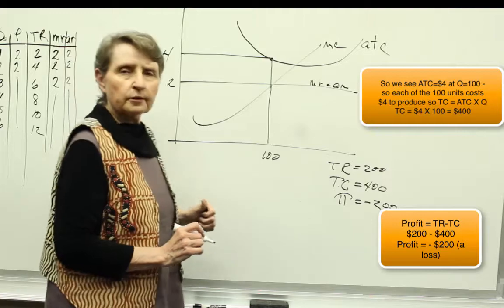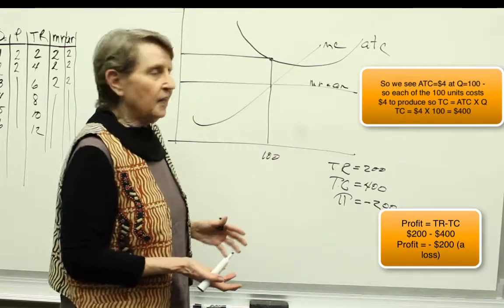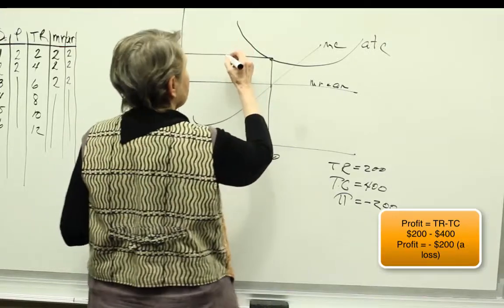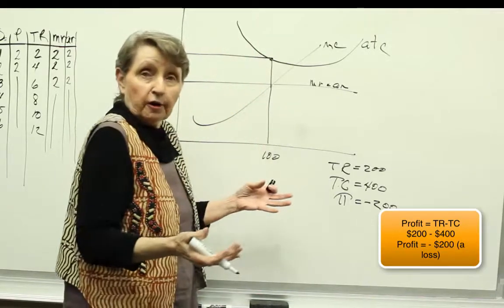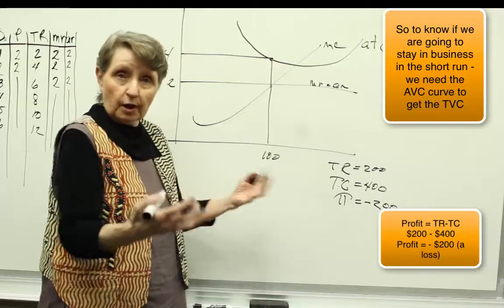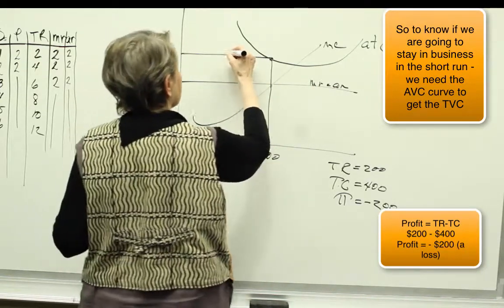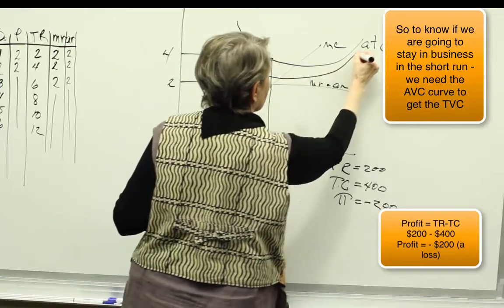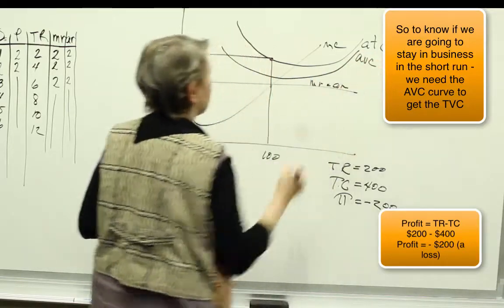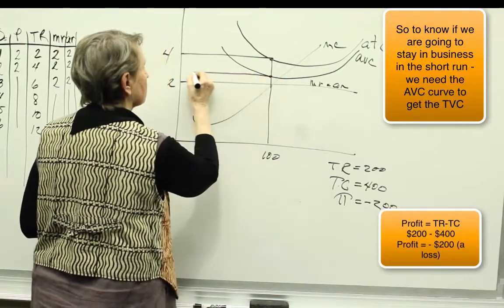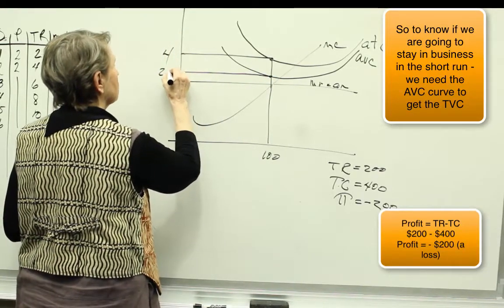So the question is, should I shut down or not? Is it going to be cheaper for me to shut down or should I stay? And the answer is, we need to see our variable cost. Does this $2 price cover our variable cost? Well, let's put an average variable cost curve in here. At 100 units, let's just say $2.50.